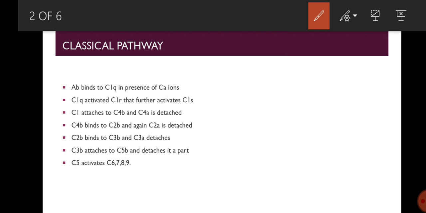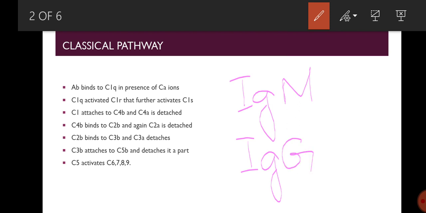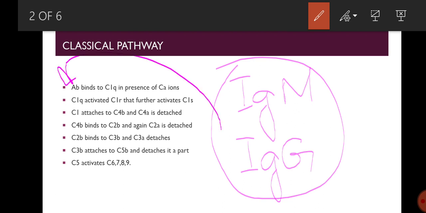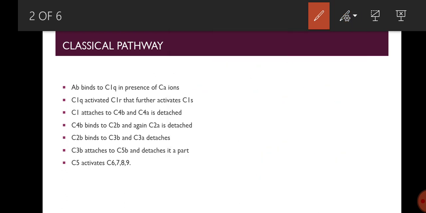So let me tell you that IgM and IgG, these two are the antibodies which will bind to the C1q, one of the subunits of the C1 component of the complement system.